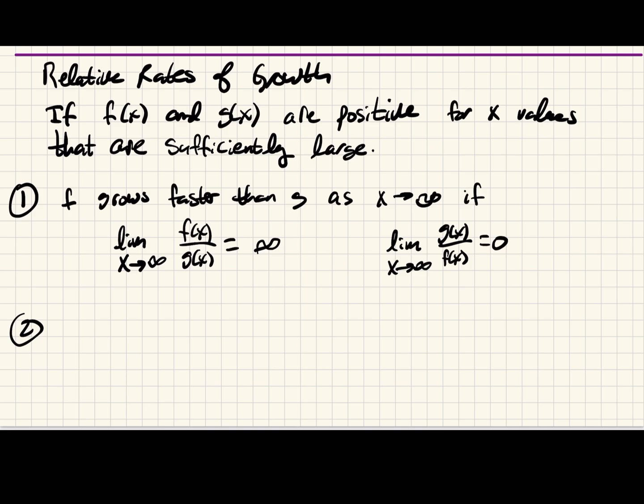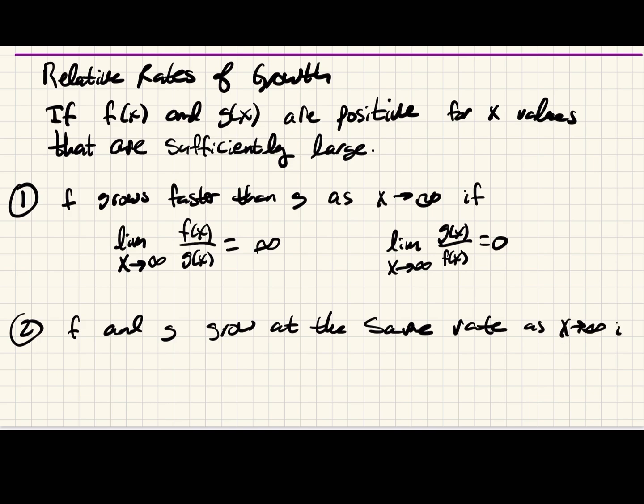Okay, so f and g grow at the same rate as x goes off to infinity if the limit as x goes to infinity of f over g is equal to some limiting factor that is some finite positive value.